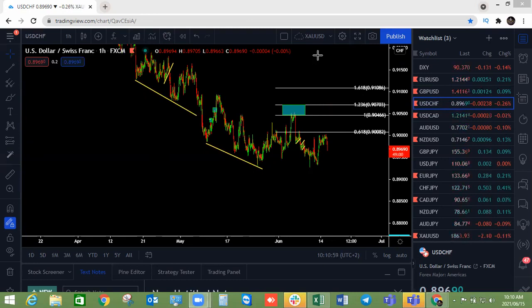Okay, so that's what we're looking at here on US dollar chief, tracking US dollar, following the US dollar weakness again, and following the DXY as follows.